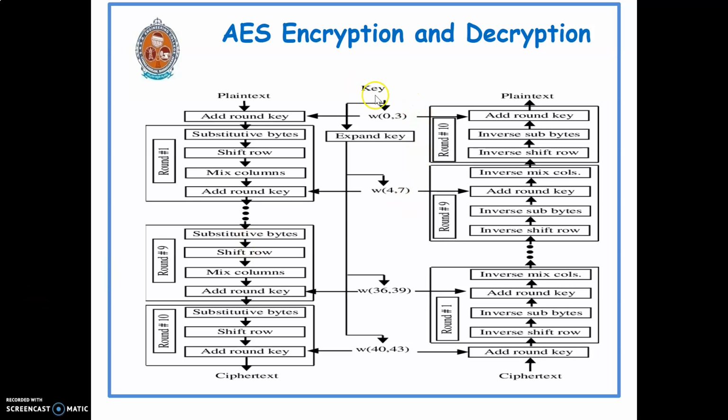Here we get the keys as words 0 to 3, meaning 4 word keys. In total 44 keys. This is the encryption process and this one is the decryption process.